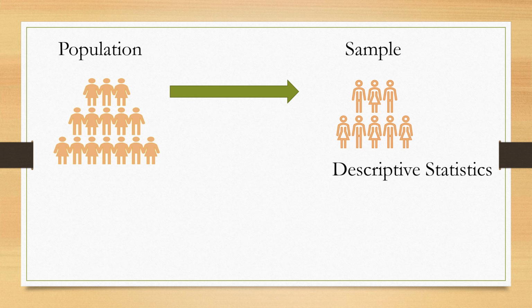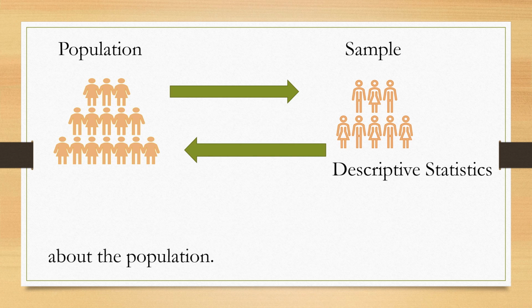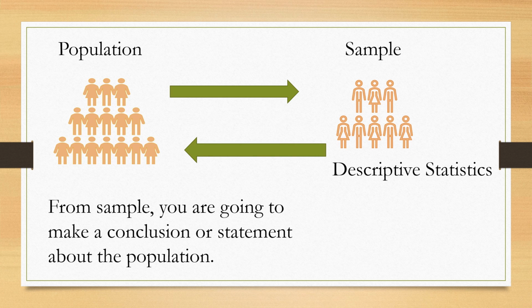It stops here. Now, if from that sample you are going to make a conclusion or statement about the population, it means you are going to use whatever the result here to generalize about the population. That is what we call inferential statistics.